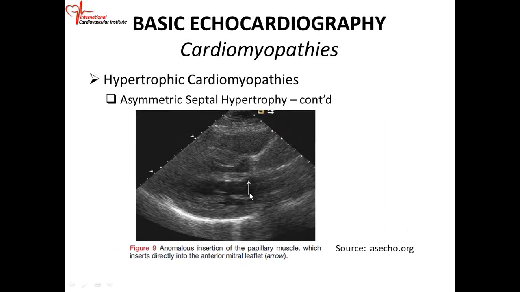Okay, so remember one of the things that was mentioned: there's an abnormal position of the mitral valve and the papillary muscle, which gives rise to systolic anterior motion of the mitral valve, causing obstruction. So in systole, your mitral valve moves up to the septum, blocking the left ventricular flow tract.